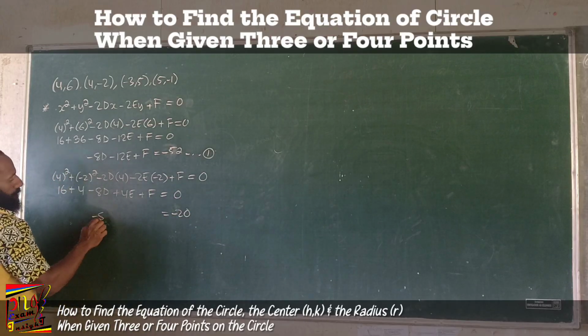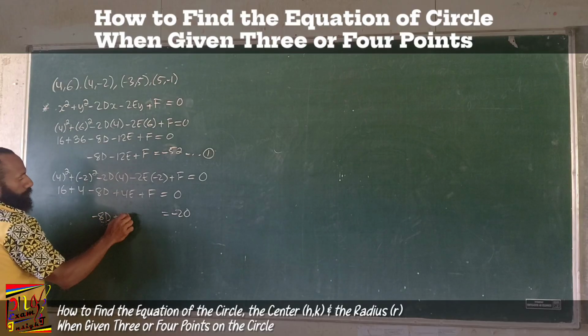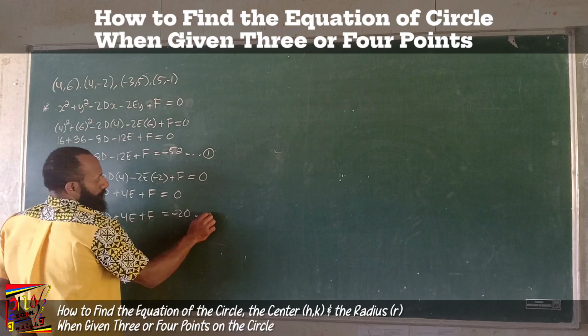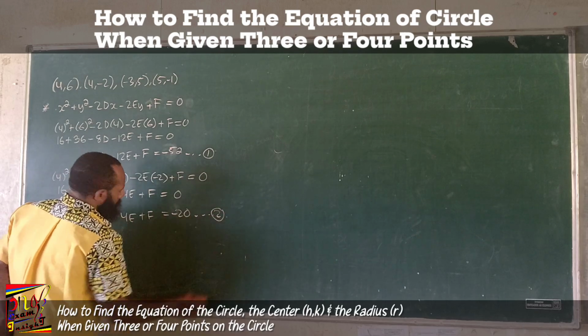And then we have minus 8D plus 4E plus F. That is our equation 2.